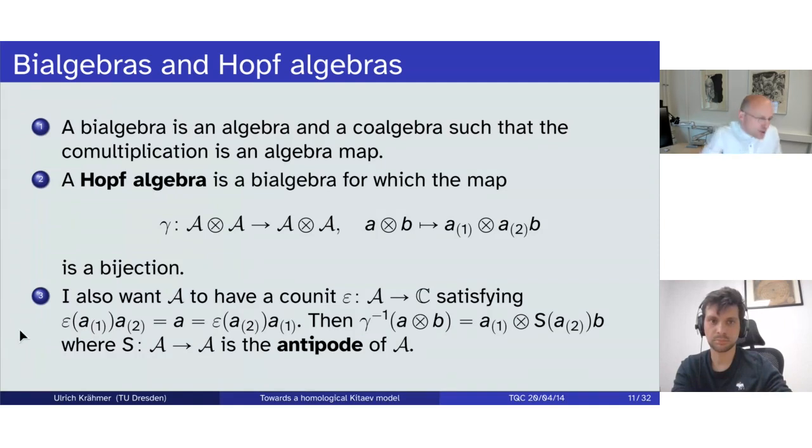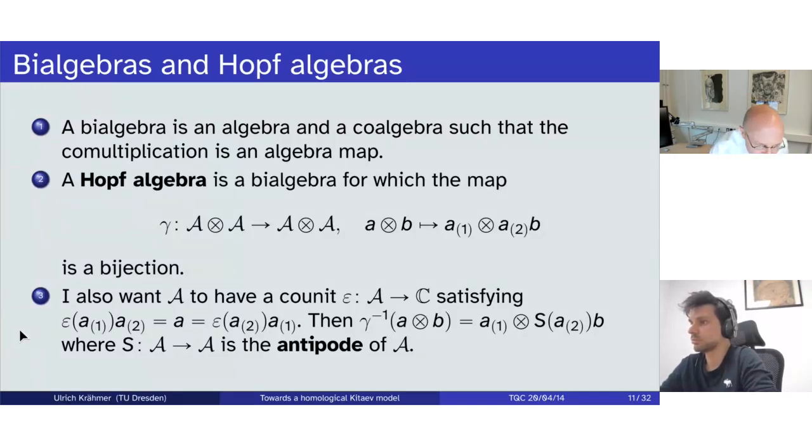Now, I did stress that I want all my algebras to be unital, and by complete duality, I also want all my co-algebras to be co-unital, which means there is a map epsilon from A down to C, the ground field, which satisfies axioms dual to that of a unit in an algebra, which in this Sweedler notation I can write like this. So if I take an element, I first apply the co-multiplication, and then I apply this co-unit to either of the two tensor components.